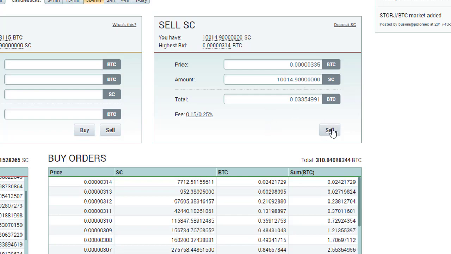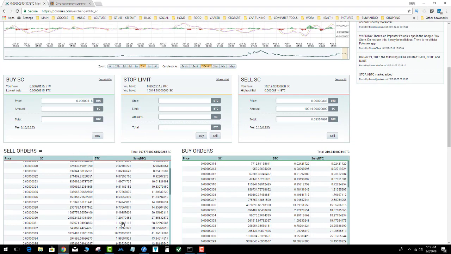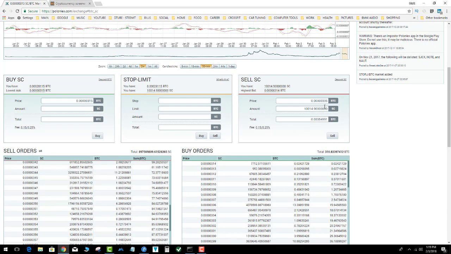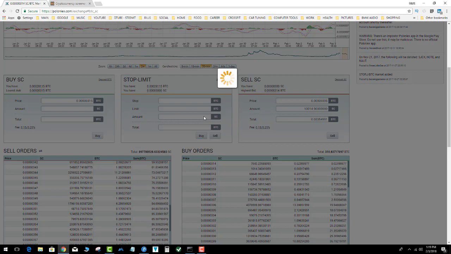And if I hit sell, it would appear down on the sell orders table. Let's make sure my decimals are right here. 1, 2, 3, 4, 5. Okay, so let's hit sell. We're not actually going to sell it though.